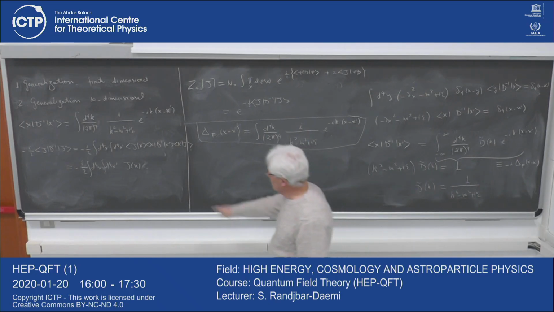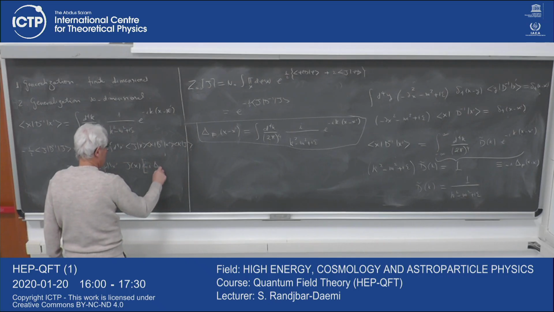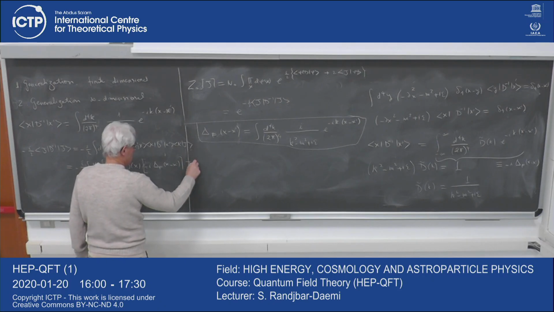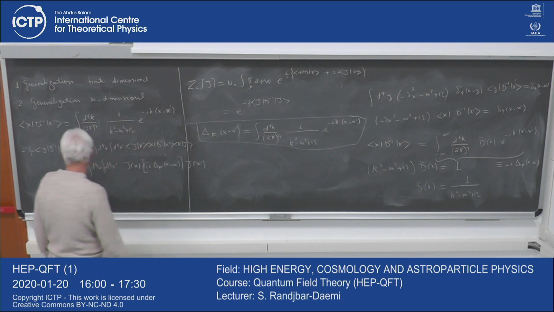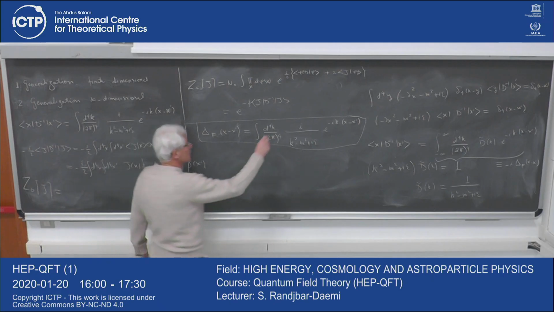So therefore, for this matrix element here, we can put minus i delta f x minus x prime times j of x prime. And as a result, our Gaussian, this is equation star.